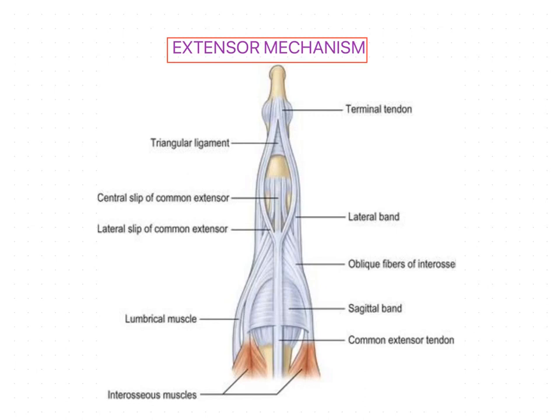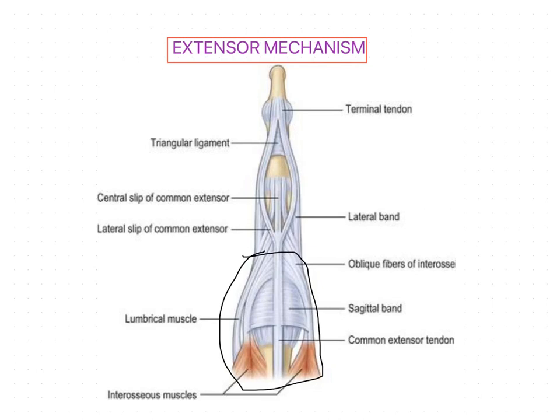The extensor mechanism of the fingers consists of the extensor expansion. This extensor expansion is also called the extensor hood or dorsal aponeurosis, and this hood is associated with musculature.